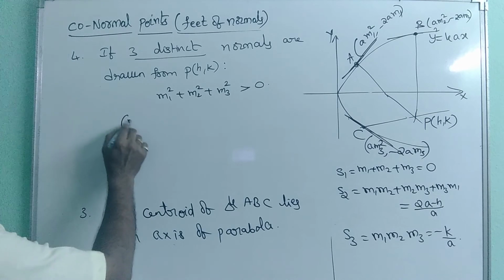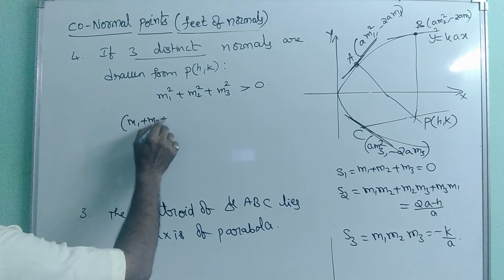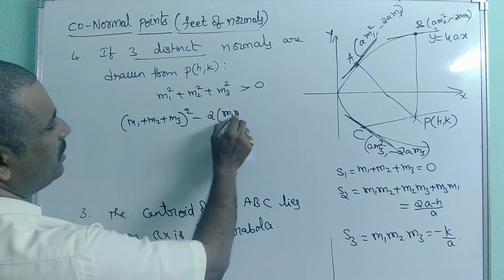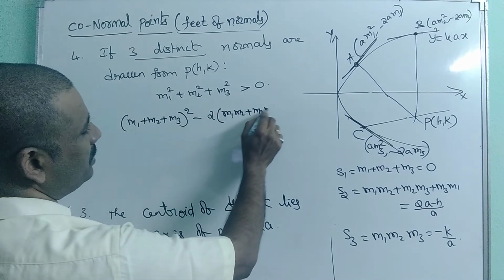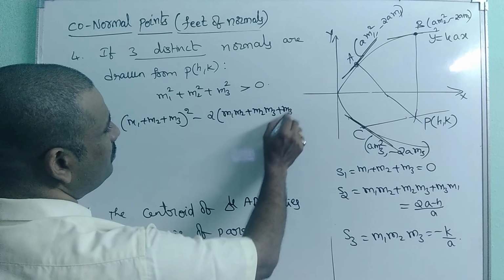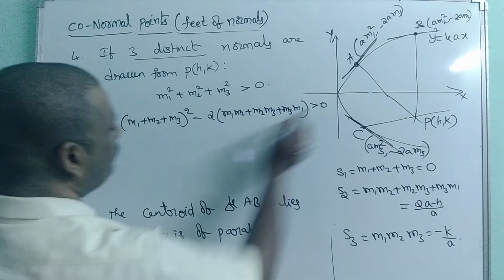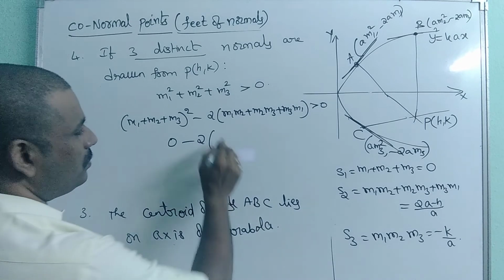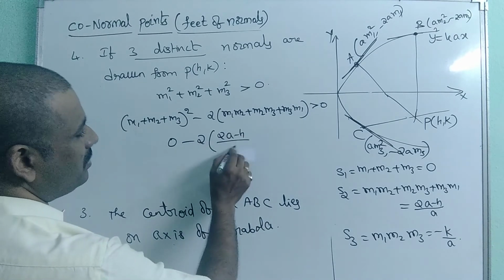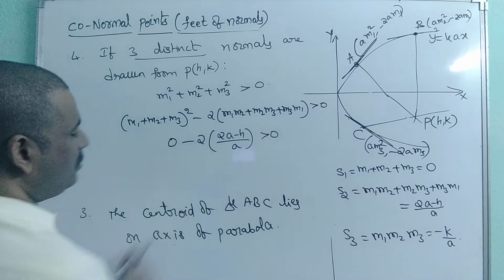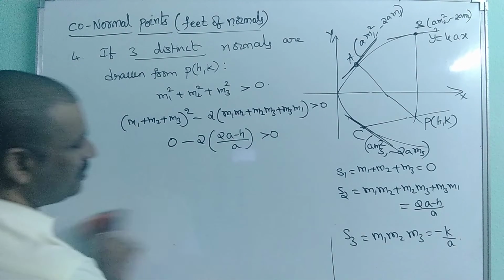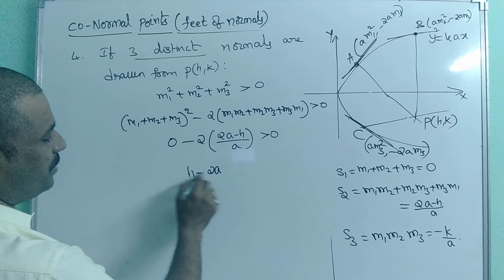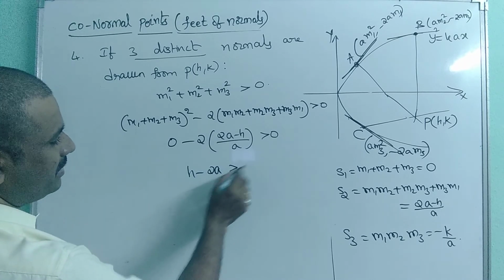What is the next step? (m1 plus m2 plus m3) whole square minus 2 into (m1 m2 plus m2 m3 plus m3 m1) is greater than 0. This is 0 minus 2 into S2, so minus 2 into (2a minus h) by a is greater than 0.